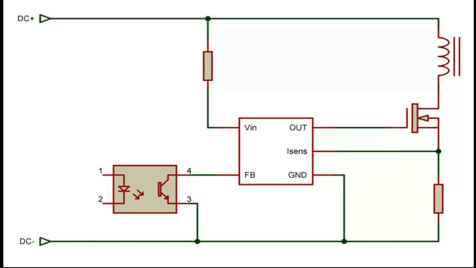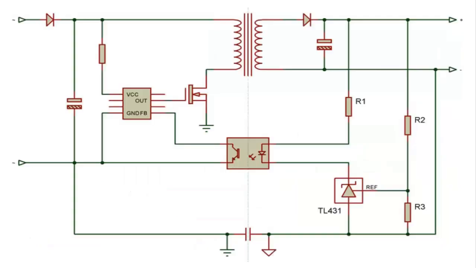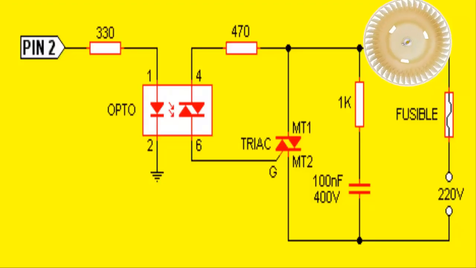For example, in the switch mode power supply on the electronic board, you can find an optocoupler that receives signals from a controller to activate a circuit that generates higher voltage. You can find an optocoupler to control, for example, the triac, which controls the speed of the fan or internal unit fan of the air conditioner.